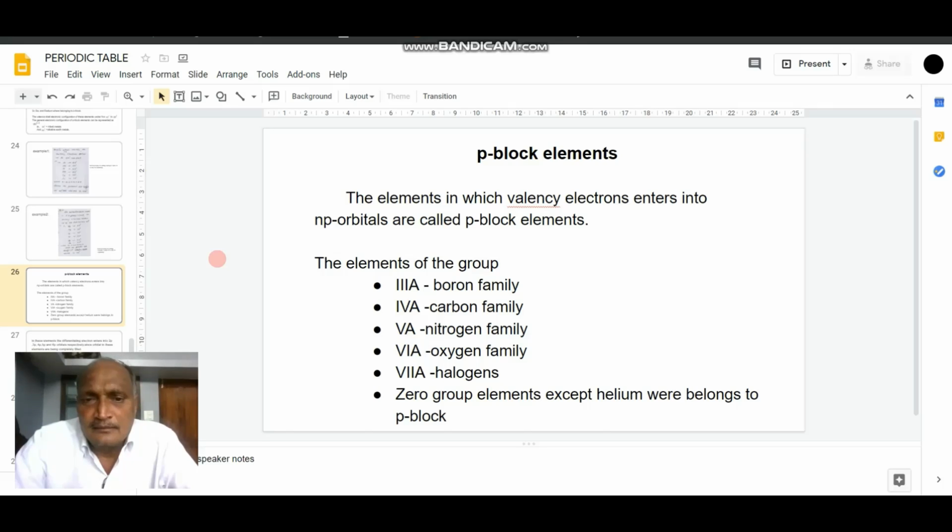The elements belonging to third A group, that is boron family.